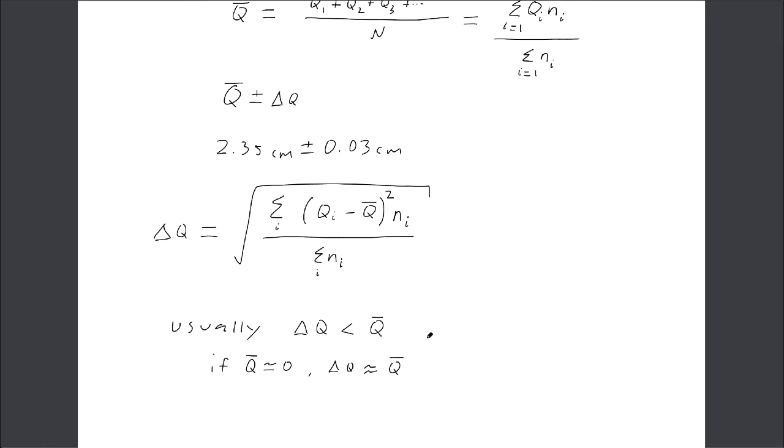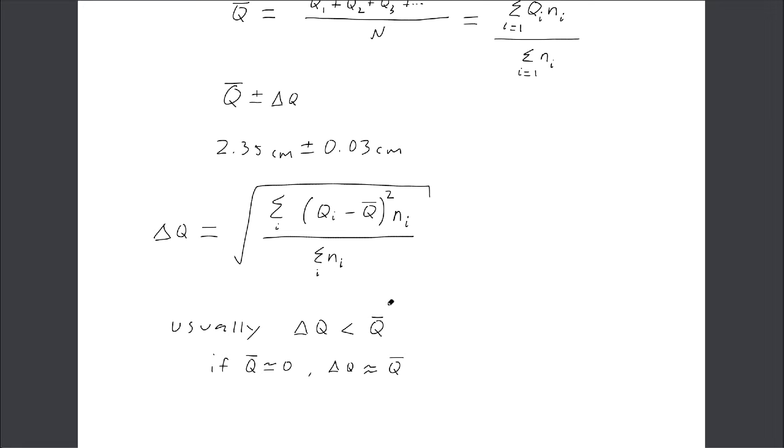If you're measuring velocities, sometimes they're positive, sometimes they're negative, so the average of a bunch of positive numbers and a bunch of negative numbers, if there's some kind of symmetry, could be zero. But you could still have some spread in your data, right? All the numbers aren't actually zero. Some of them are a little bit positive, some are a little bit negative, so there is some kind of spread in your data. So the delta Q could actually be larger than the average in that case.